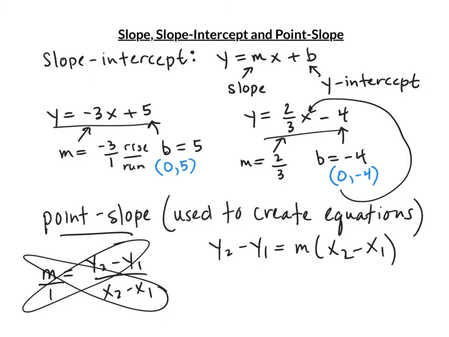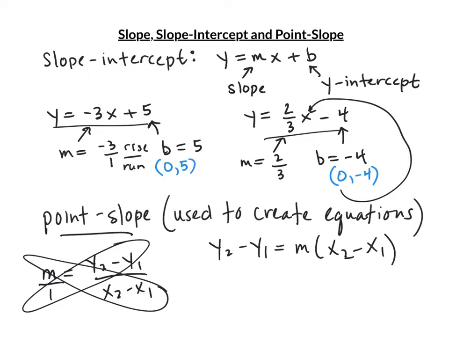In order to make this a little more useful, we need a normal variable in there. We need a normal x and a normal y that I can plug points into that work in the equation, that are solutions to the equation. For my normal x, y variable, I could either choose the point y1, x1 or y2, x2.